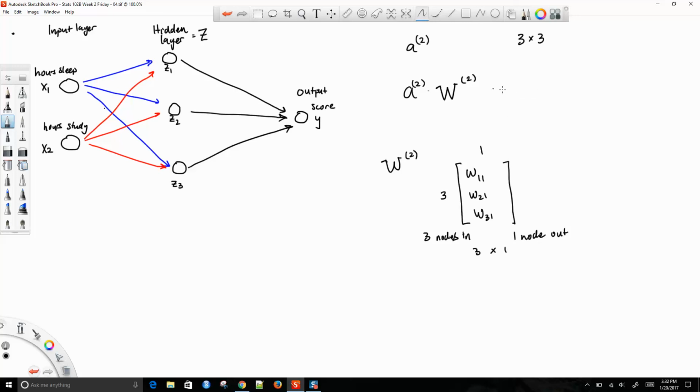And so after we multiply A2 by W2, this is going to give us a 3 by 1. We can call this Z3, because it's going to be the inputs at our third layer. So at Z3, we have a 3 by 1.